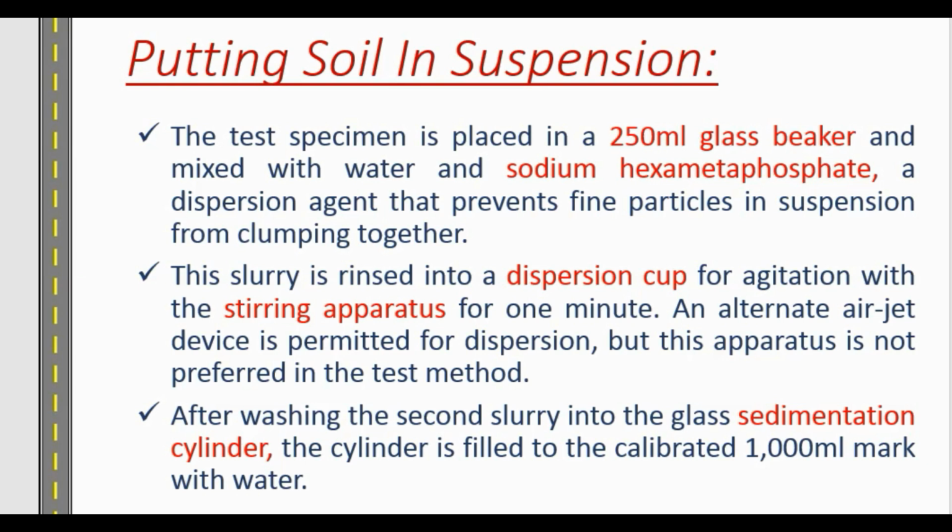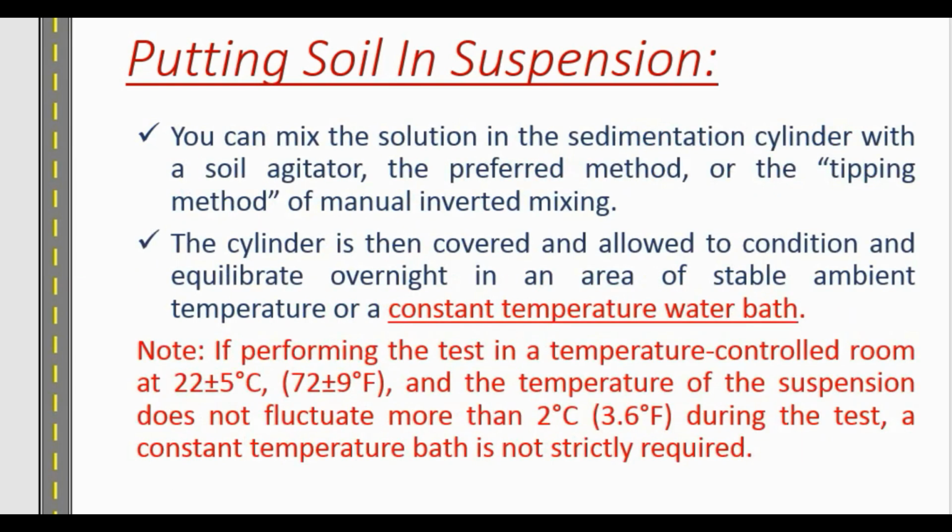An alternative air jet device is permitted as per ASTM, but if this apparatus is not available, then the tipping method or manual shaking is permitted. There is a tipping method described. If we do not have the air jet available, then we perform the tipping method.